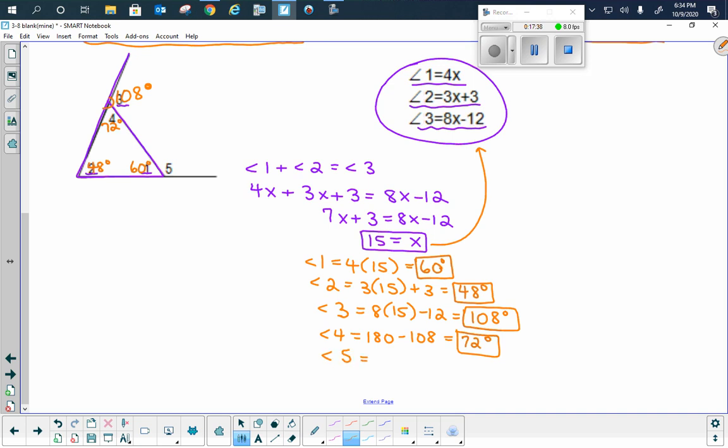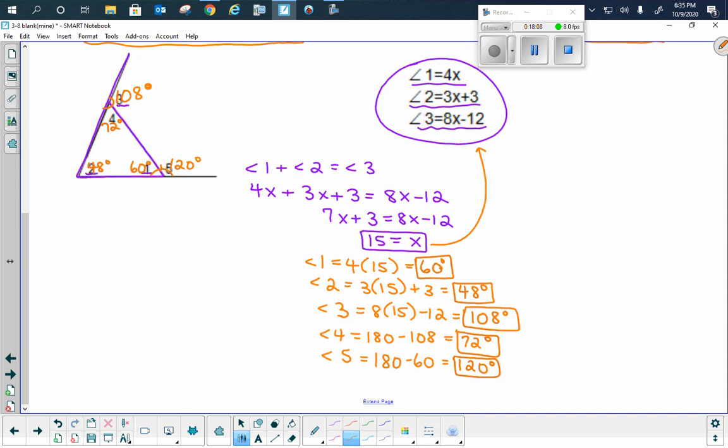Several different ways you could do it with the new stuff we've learned, but I'm just sticking with old stuff. Again, I have another straight angle there. Okay, not equal to the other one. So angle 5, you should be telling me is 180 minus 60, which equals 120 degrees. And I will go ahead and place that in the picture as well.